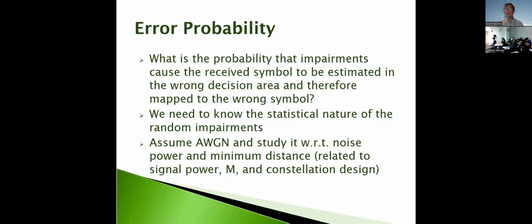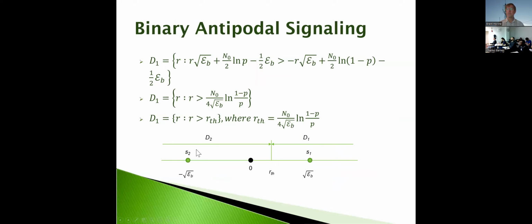So if we look at this thing, this is the ideal symbol location, but there's going to be a Gaussian distribution of noise centered around here. Now, if it's nice and narrow here, then that tail is going to be really small by the time it gets over here, right? But if we've got a lot of noise power relative to our energy, right?